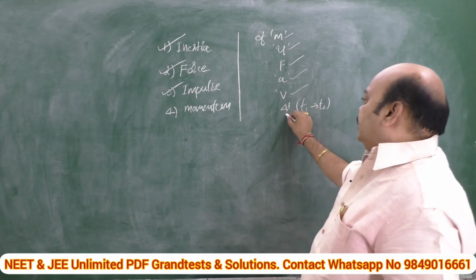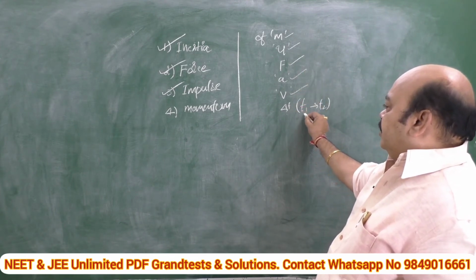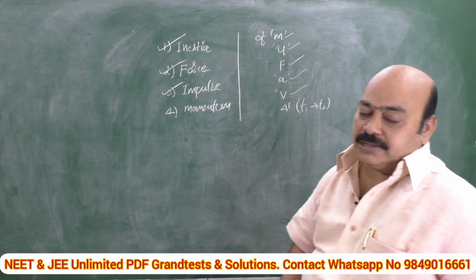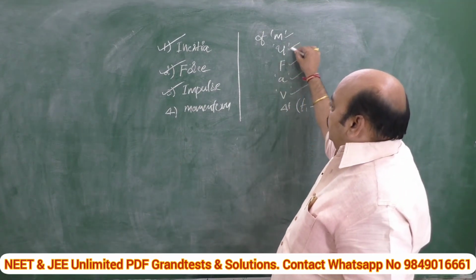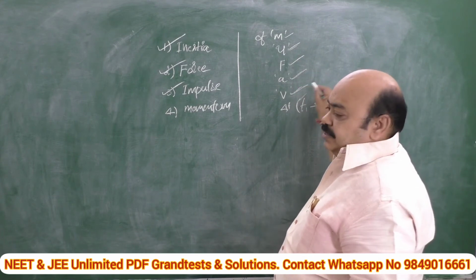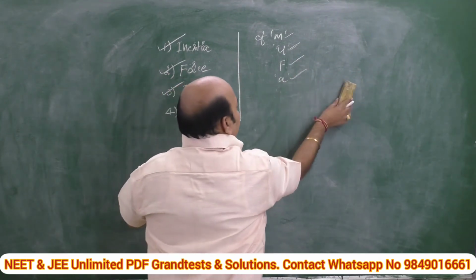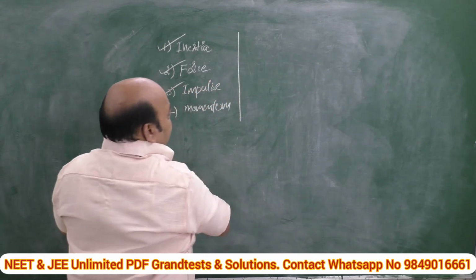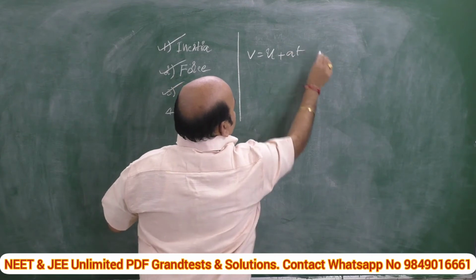What is the time for which the force acts, that is delta t, from t1 to t2? This is the data. Which formula relates u, a, v and t? From your kinematics knowledge, you can say comfortably, it is nothing but v is equal to u plus at.